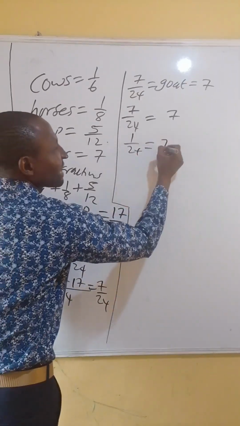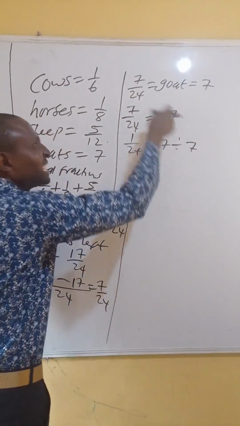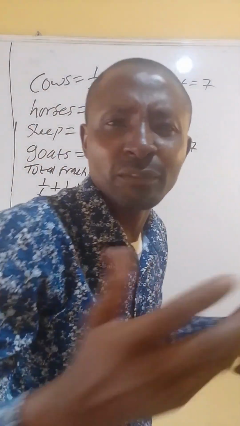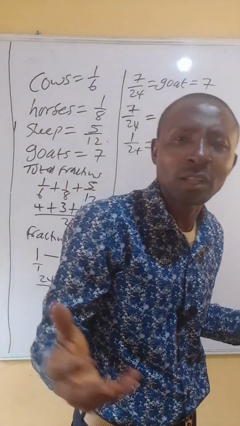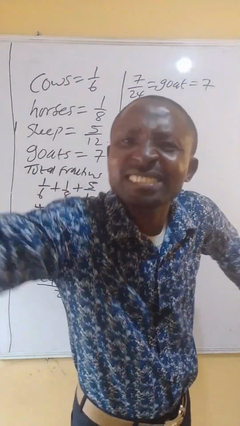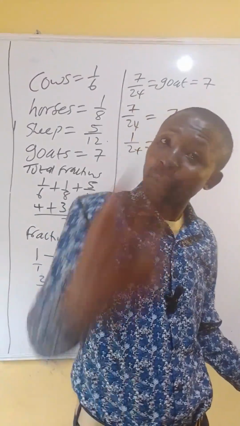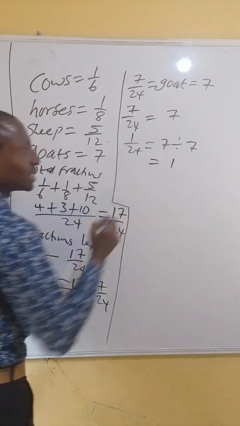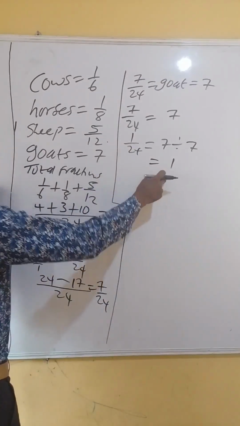That will give me 7 divided by 7. If somebody told you they will give you $7 or 7 naira for every 7 you got, and you got 1, they will divide the 7 by 7. So have 1. So 1/24 is 1.